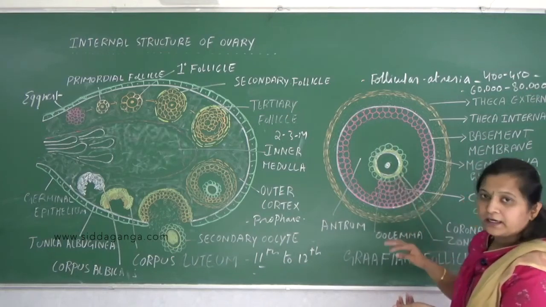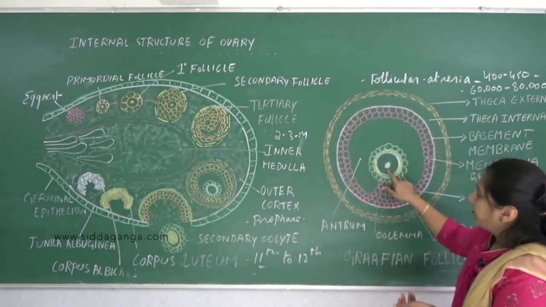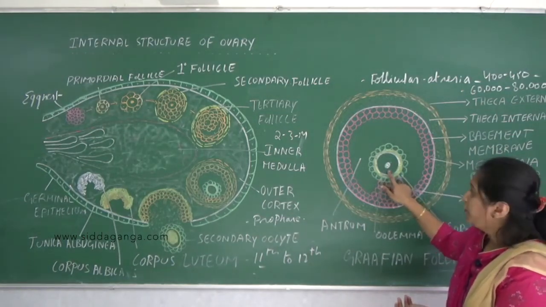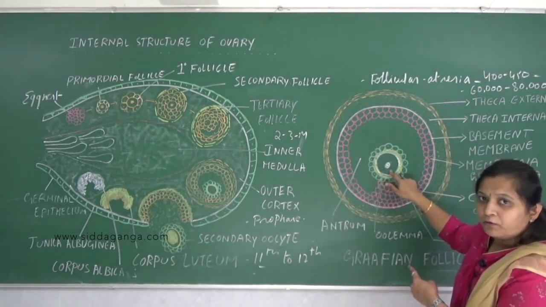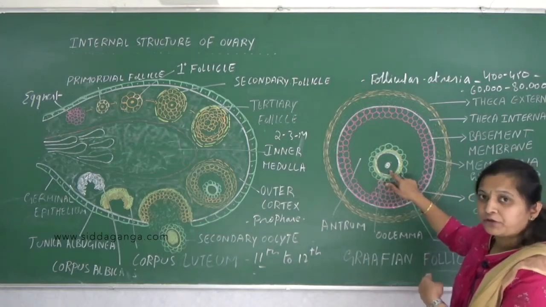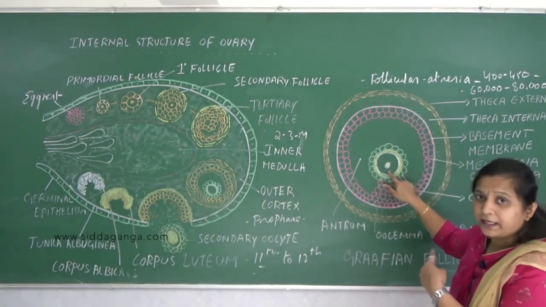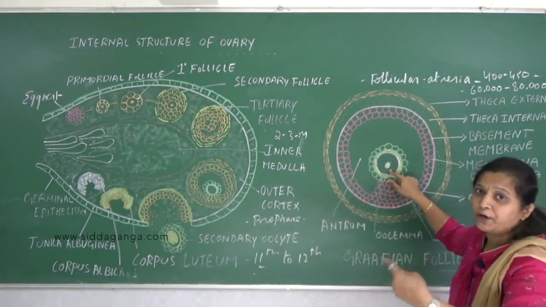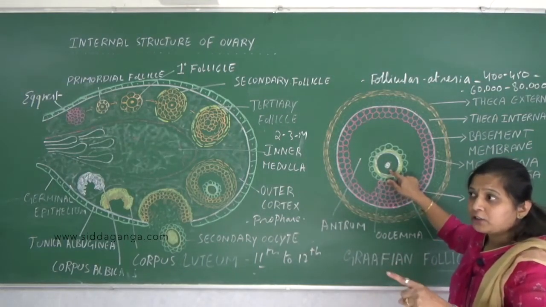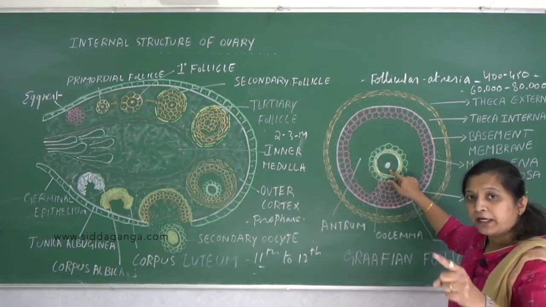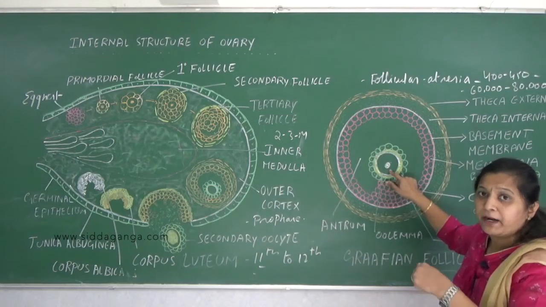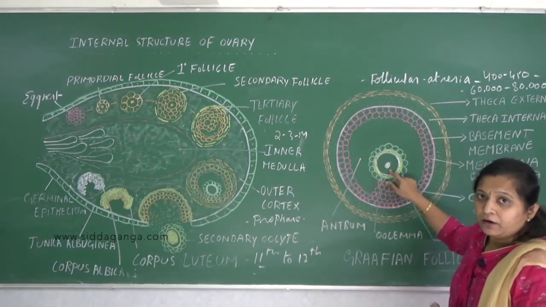What is present in the Graafian follicle, primary oocyte or secondary oocyte? It is the secondary oocyte. The oocyte present in the fully matured Graafian follicle is the secondary oocyte. This secondary oocyte starts its second meiosis, but it does not complete it; it gets temporarily arrested at metaphase II.